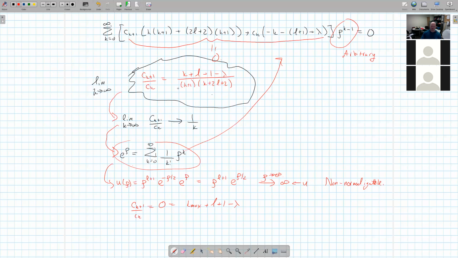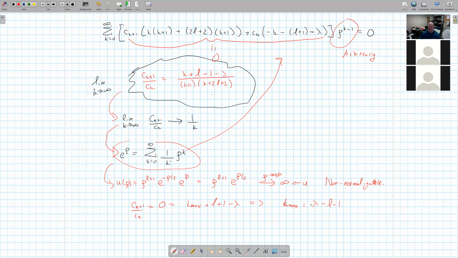Right? Because this thing only goes to 0 either when the denominator goes to infinity or when the numerator goes to 0. So this tells us that k max is equal to lambda minus L minus 1. This is the maximum k value at which we can sum this thing.